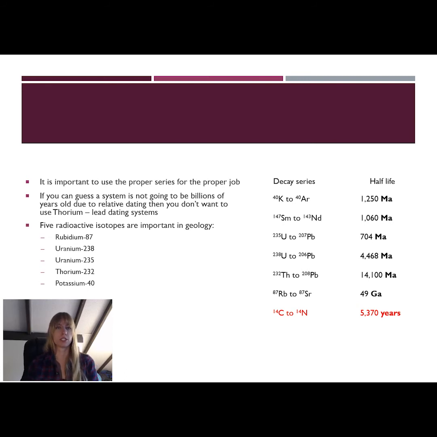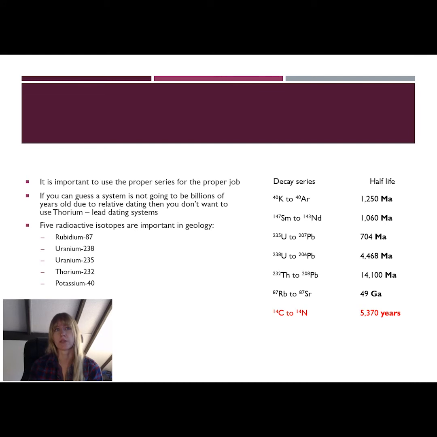So it is important to use the proper decay series for the proper job. If you can guess a system is not going to be millions of billions of years old, maybe use a different system than, I don't know, thorium-lead. We have 5 radioactive isotopes that are particularly important to geology. That is rubidium-87, uranium-238, uranium-235, yes, there's more than one, thorium-232, and potassium-40.